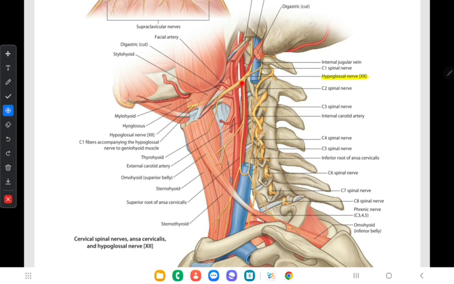You can see very clearly this is the internal carotid artery and this is the internal jugular vein. So it enters in between them. It crosses superficial to the internal carotid artery, external carotid artery, and the loop of the lingual artery from lateral to medial side.